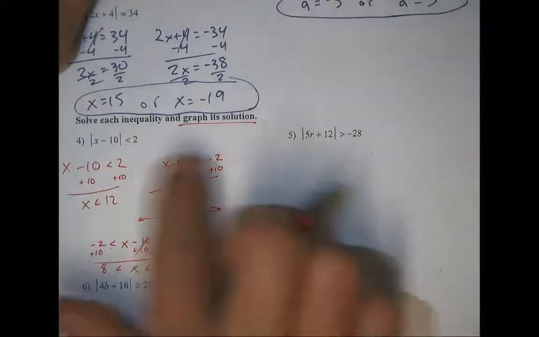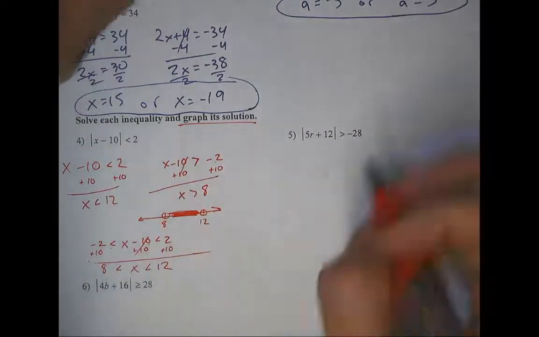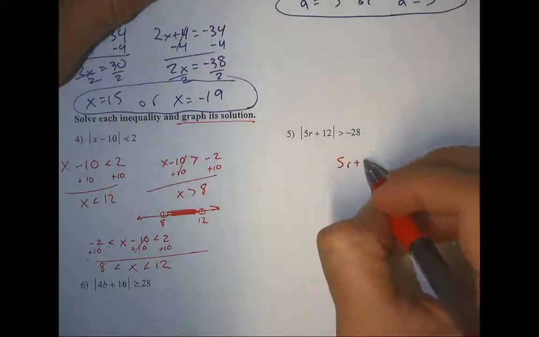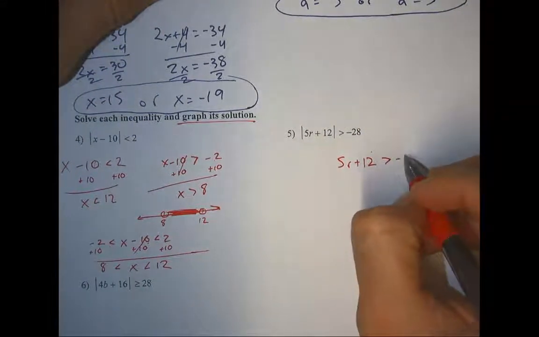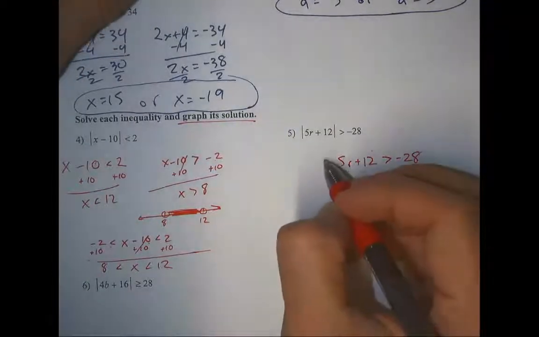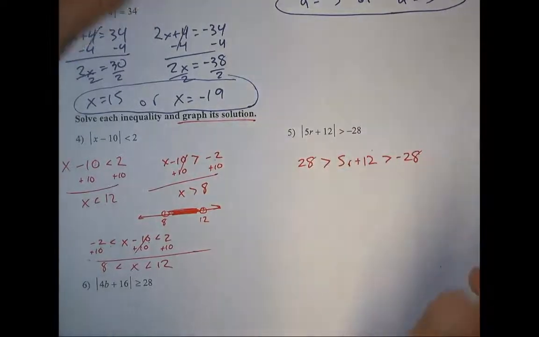So trying to make sure that we can wrap our heads around this as much as possible, but this is the trick. All right, so this one, if I'm going to use the trick, it's 5r plus 12 greater than negative 28, or less than 28.